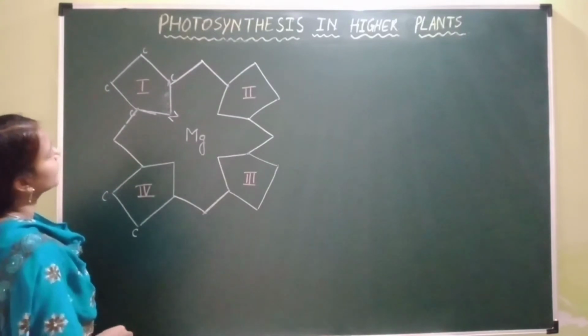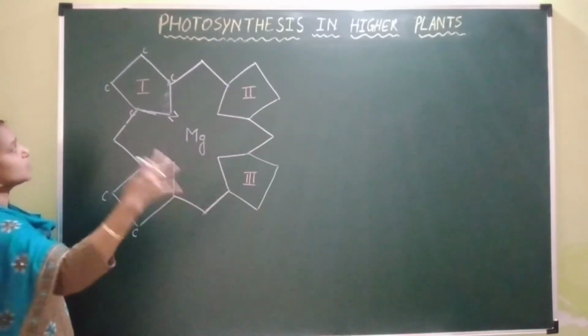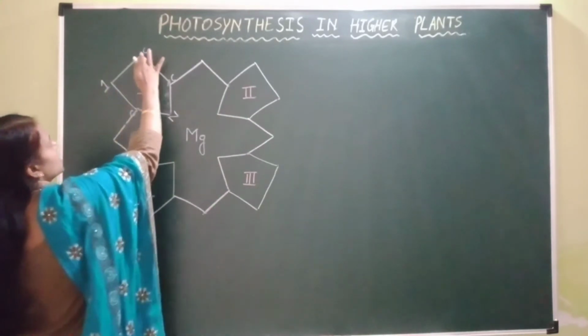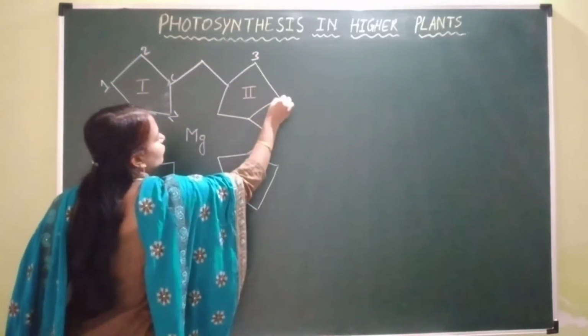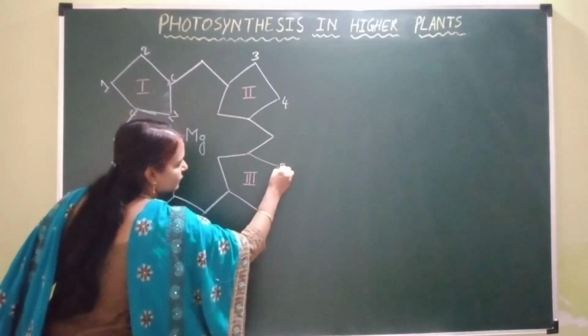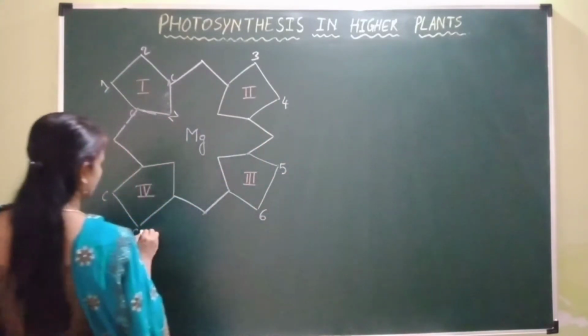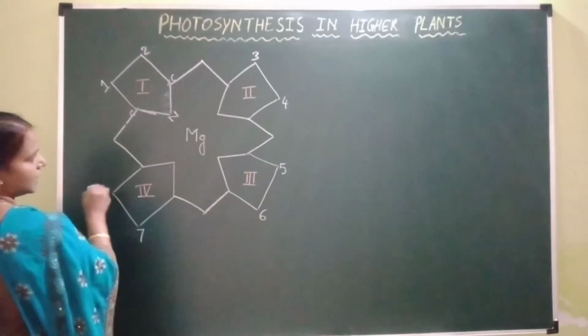Now let's number all the carbon atoms which are free, which are present towards periphery. So this is first position, second position, third position, fourth position, fifth position, sixth position, seventh and eighth position. I just repeat.